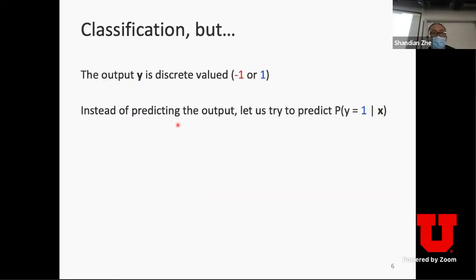Although our training outputs are either -1 or 1, meaning discrete, the goal of logistic regression is not to predict whether your label is 1 or -1. Instead, we try to predict the probability that, given your input, your label is 1.